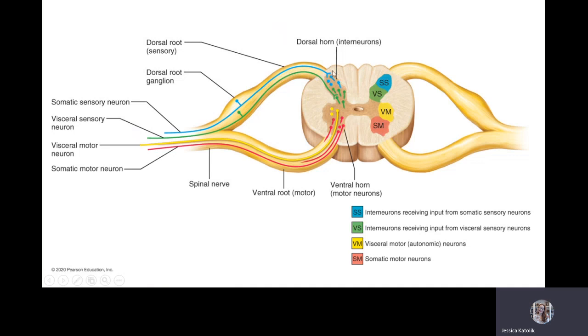This kind of tip of the dorsal horn is going to process somatic sensory information, while more of the base of the dorsal horn will process visceral sensory information. Here you can see these sensory neurons are synapsing with interneurons within the gray matter.